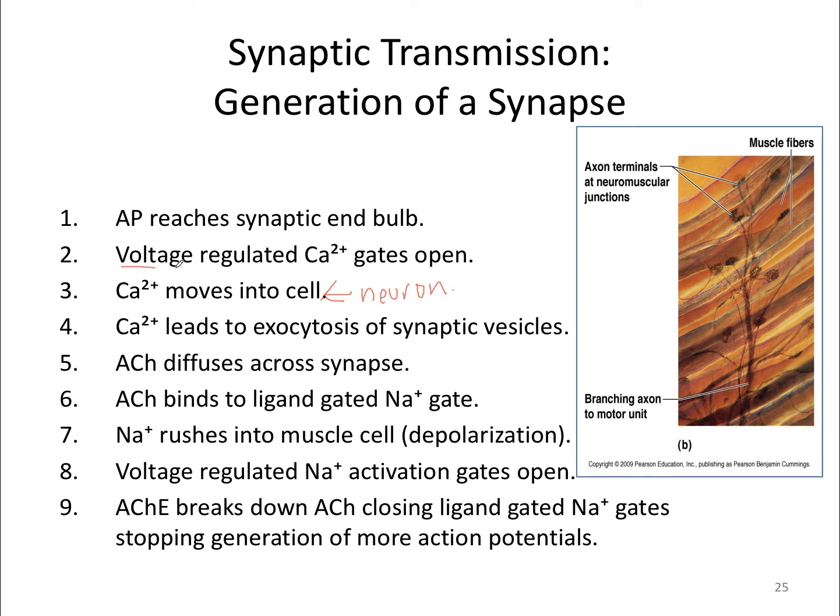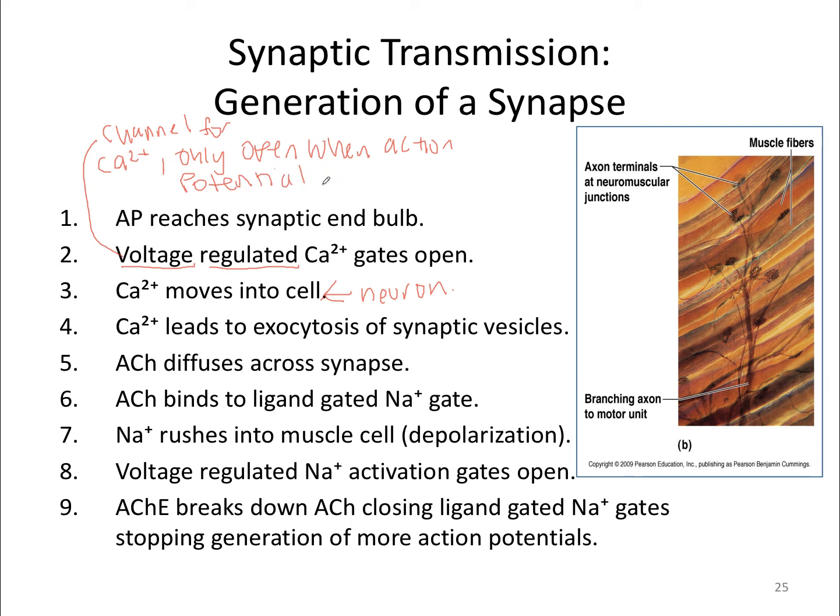So what does voltage regulated mean? This is a channel that admits only calcium, and it's only open when an action potential, which is an electrical change in the cell membrane, hits it.